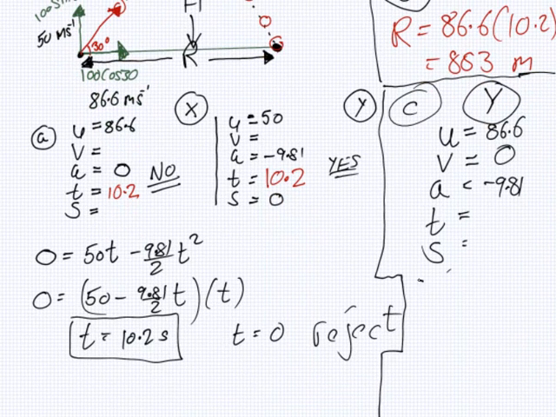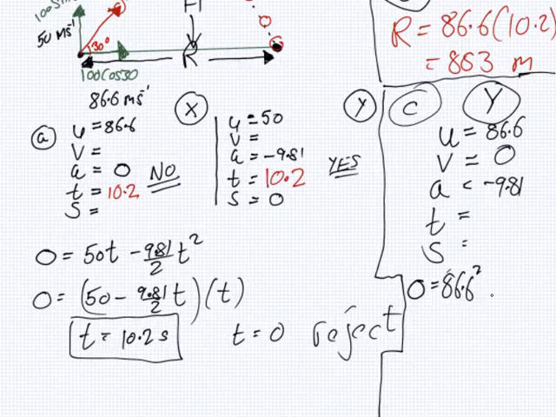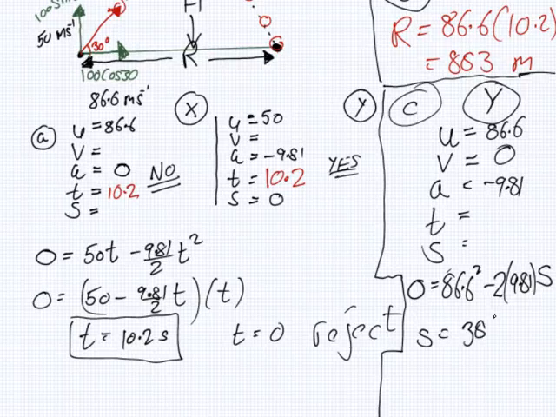V squared equals U squared plus 2AS. So S equals... 382 meters.